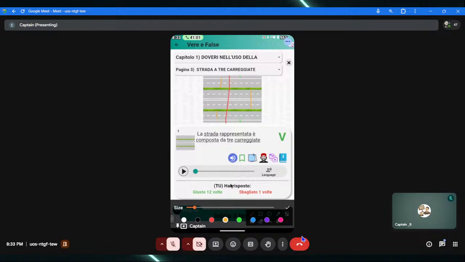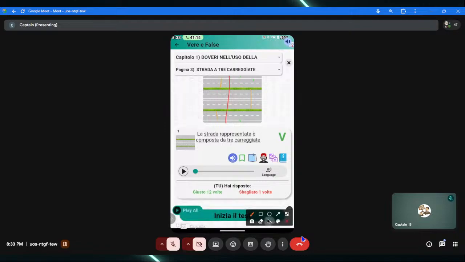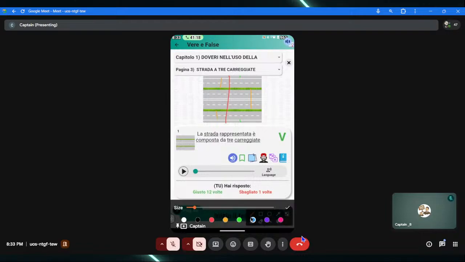Now, let's go again. From this white line to this dot is known as corsia. Let me use another color so that it will not be the same as the banchina. Okay. Let's use this blue one.